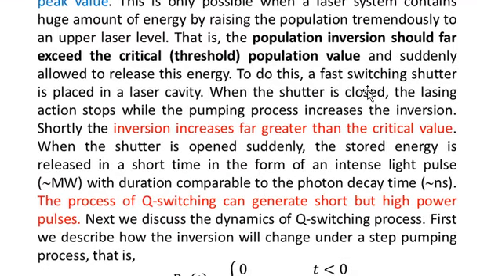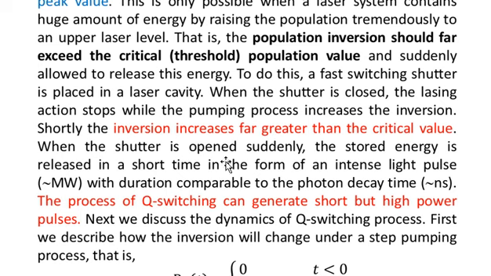To do this, a fast switching shutter is placed in a laser cavity. When the shutter is closed, the lasing action stops while the pumping process increases the inversion. Shortly, the inversion increases far greater than the critical value.